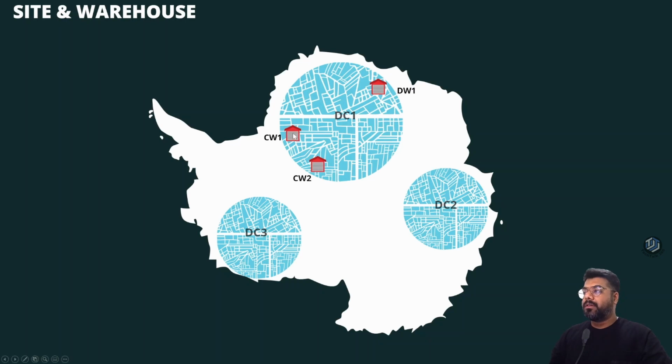For example, in some cases you would like to transfer stock from CW1 to CW2 warehouse, because CW2 needs some stock urgently, and CW2 does not want to go to the vendor because the lead time is too much. This warehouse is so near, so it's better for CW2 to get the stock refilled from CW1. So we might do some transfers between these two warehouses.